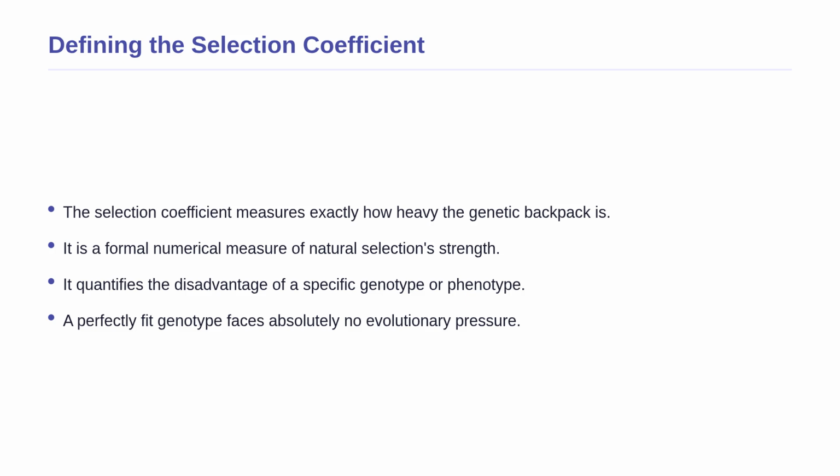It tells us precisely how much of a disadvantage a specific trait gives an organism compared to the best adapted members of its population. If a genotype is perfectly fit, there is no evolutionary pressure acting against it. But if it has a flaw, the selection coefficient captures that penalty.